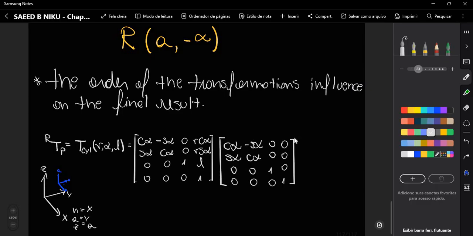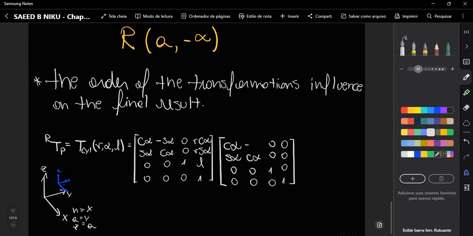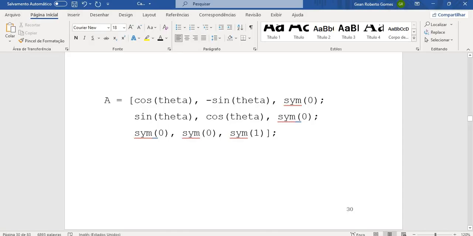So it's cosine of alpha, minus sine of alpha. Right here is alpha, alpha. And 0, 0, now it is a 4 by 4.